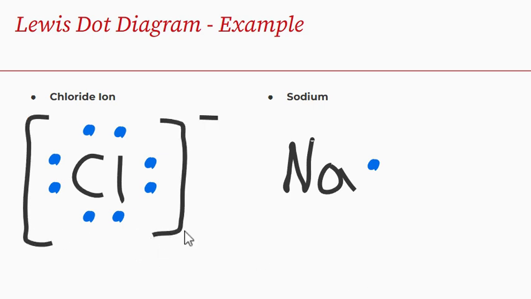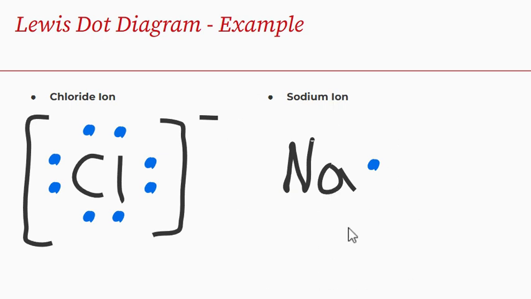And then we put square brackets around the drawing and write the charge that the element has when we're doing an ion. So for chloride, we're adding 1 electron to make it stable in the ion form. So we write these square brackets and then say it has a charge of -1 with the negative sign.